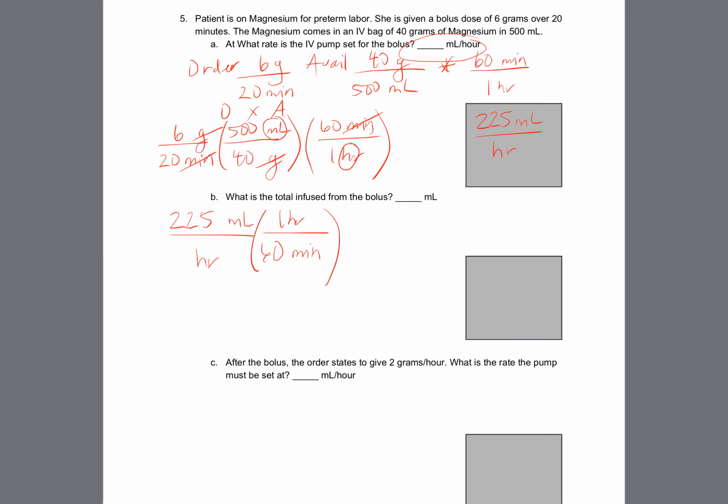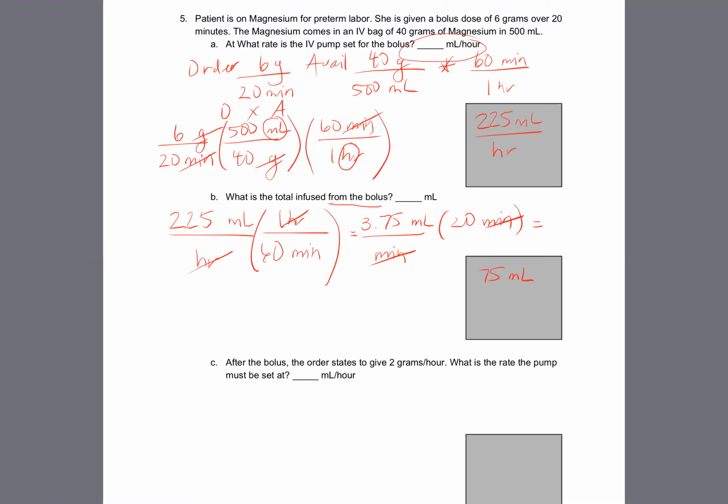So that leaves you with 225 mLs over 60 minutes. So you're left with 225 divided by 60, which is 3.75 mLs per minute. And you know that the bolus was only 20 minutes. So you're going to multiply that by 20 minutes, and that equals 75 mLs.